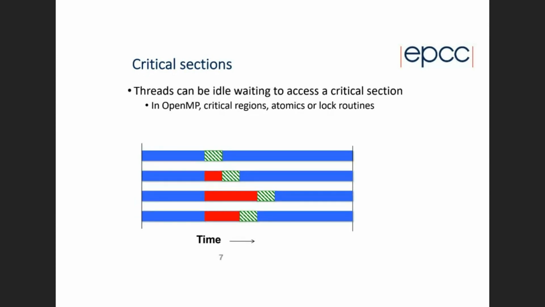Okay. And most of the time, what you find is that the additional overheads, all the other sources of overhead that I'm talking about here, increase when you go from 4 threads to 8 threads. So your load imbalance gets worse, your synchronization costs get worse, everything gets worse, typically.